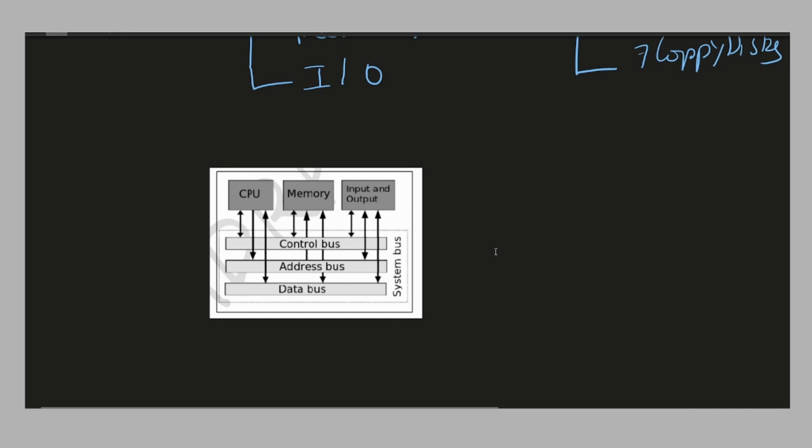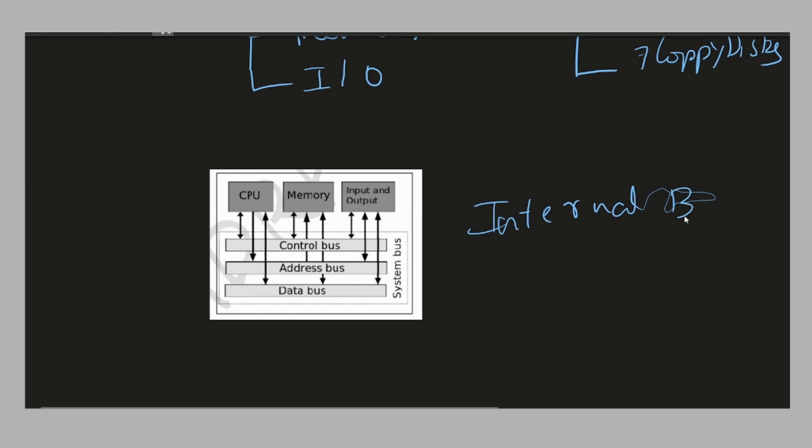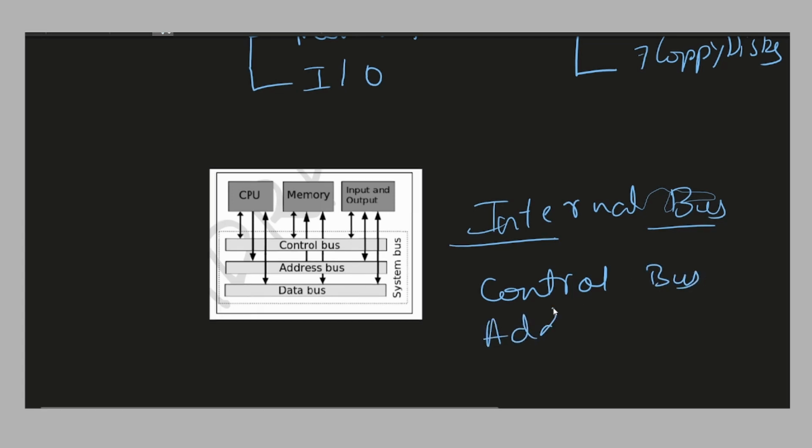The next thing, the internal bus is divided into three parts: control bus, address bus, and data bus.